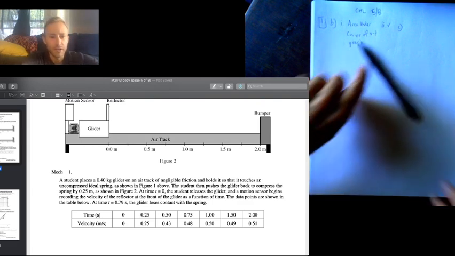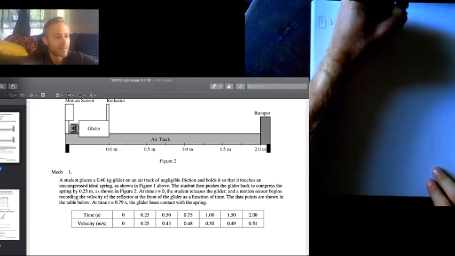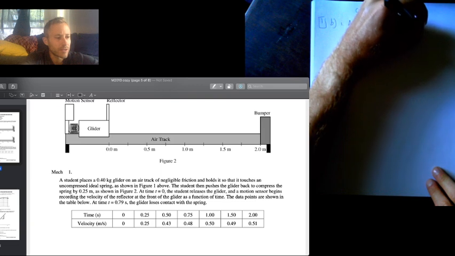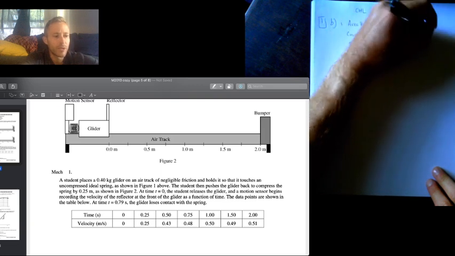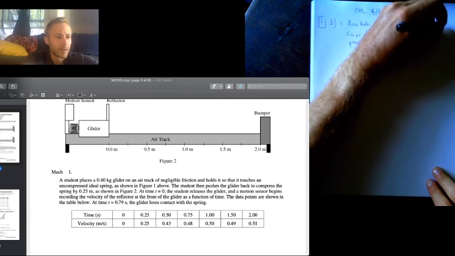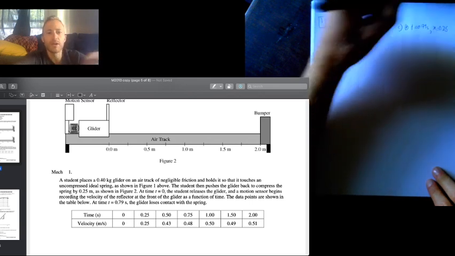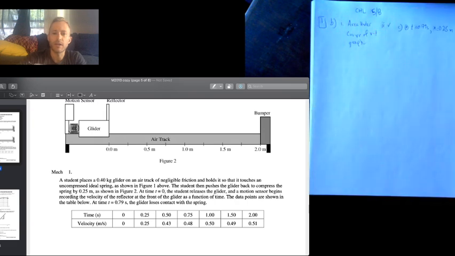We can also say that the position is 0.25. Why do I say that? Because it says that the spring is compressed by 0.25 meters. So that means that once the spring gets back to 0.25 meters, we've lost contact with the spring.